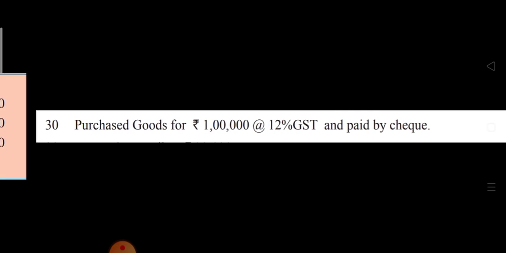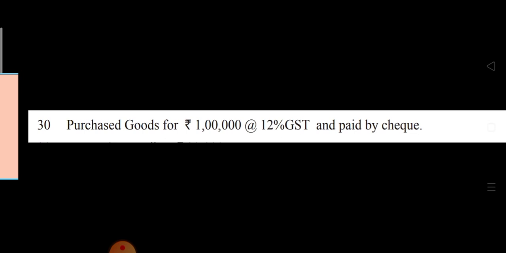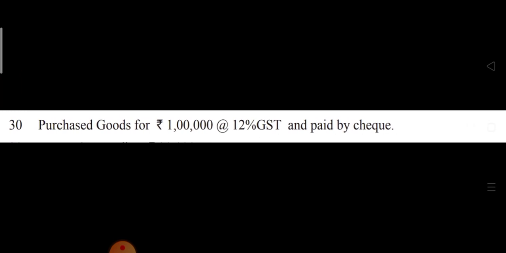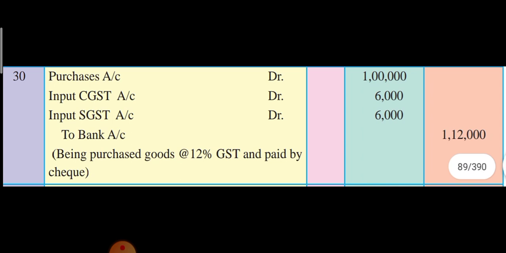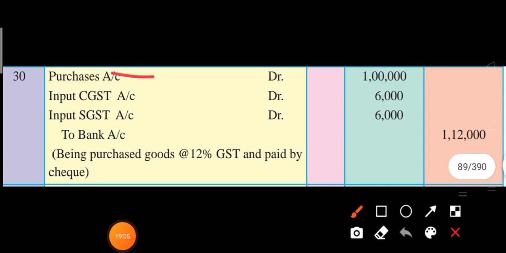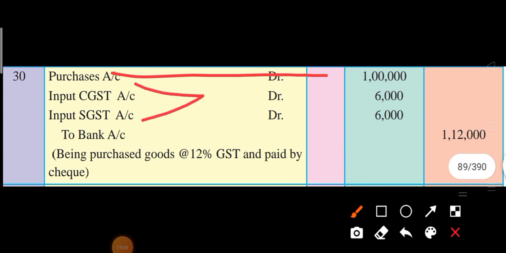Purchase goods for ₹1 lakh at 12% GST and paid by cheque. So it is what? It is not credit purchase. It is cash purchase entry. Okay. See, purchase account debit for ₹1 lakh, जिसके ऊपर GST कैलकुलेट करने के बाद 6,000 and 6,000. 1 lakh के ऊपर 12% is how much? 12,000.